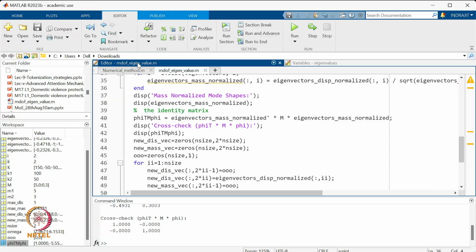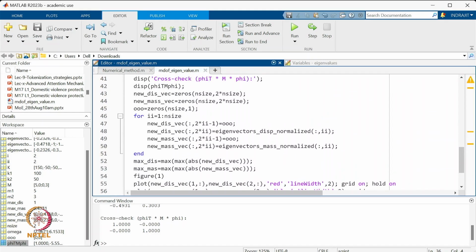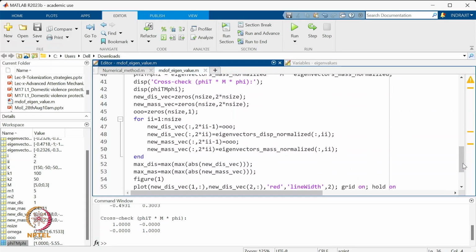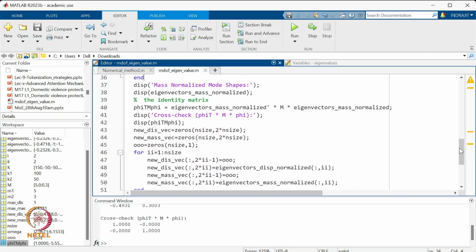So now coming back here, that happens with the mass. Let's also cross check with the stiffness as well. They have not done the stiffness one. Let's do it.